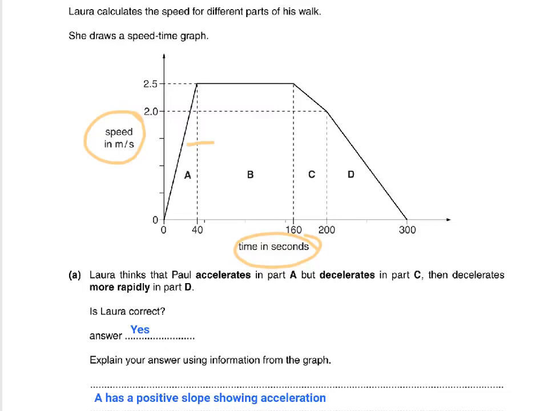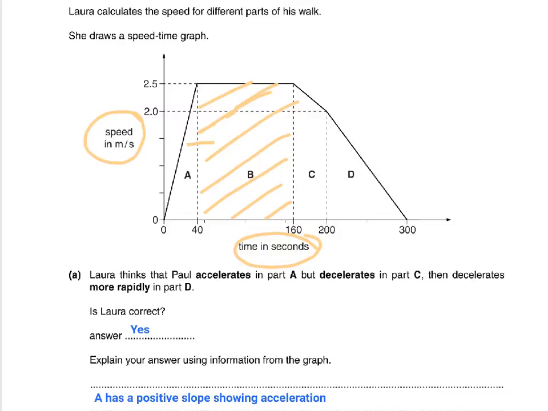And then the other thing that you can work out from a speed time graph is how far the object has travelled by calculating the area under these sections. If you work out the area of the section, whatever shape it is, a triangle or rectangle or combination of the 2, then you can work out how far the car or object has travelled.